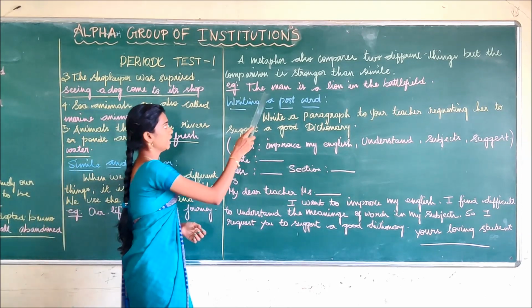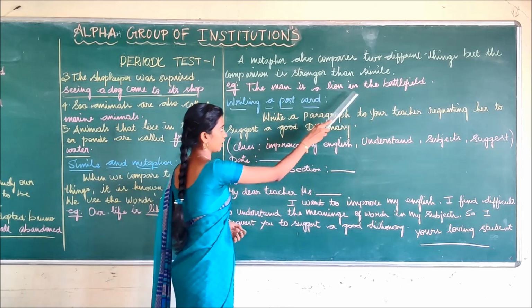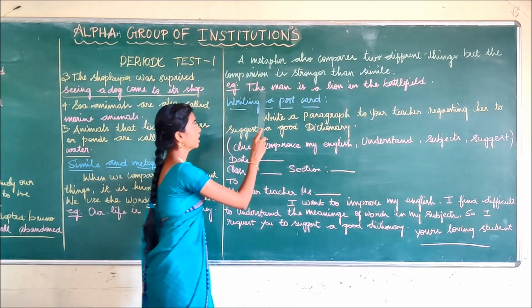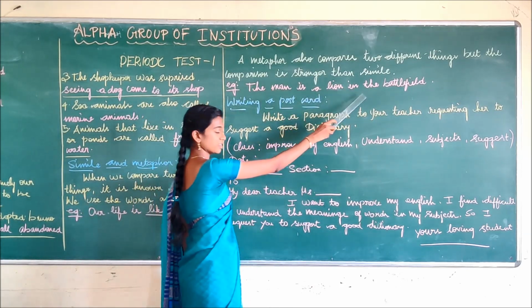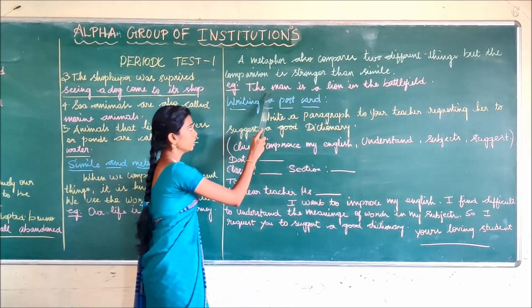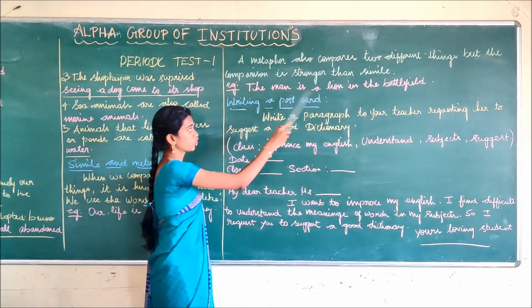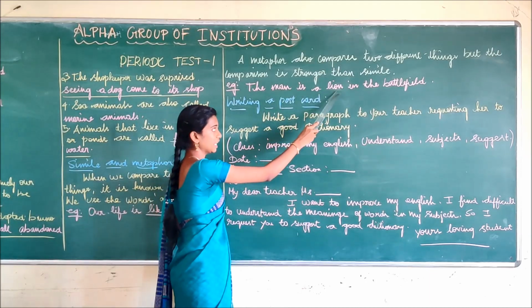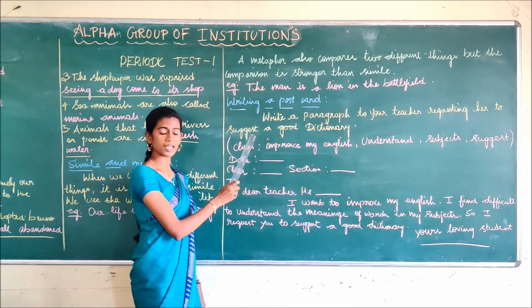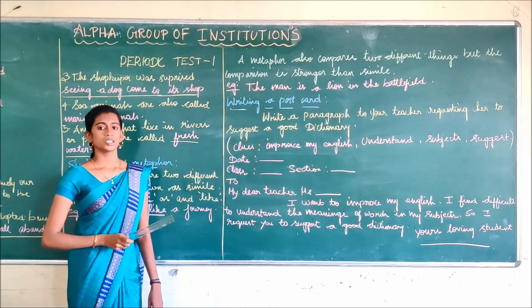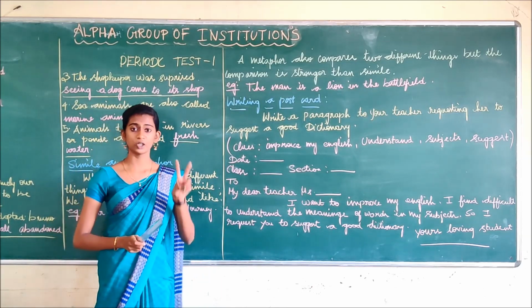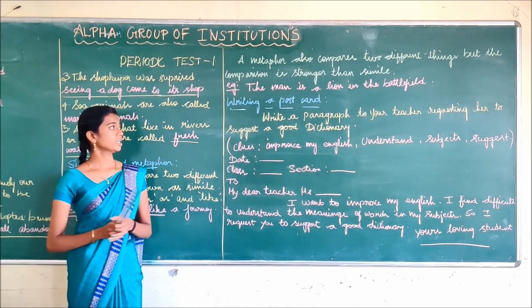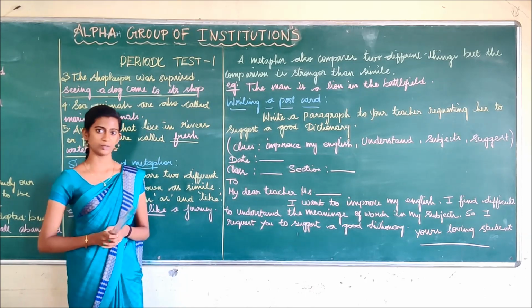Example: the man is a lion in the battlefield. So the man has been compared to a lion. So it is known as the metaphor. They have compared two different things and this is stronger than the simile.